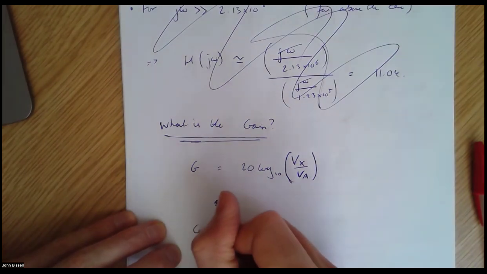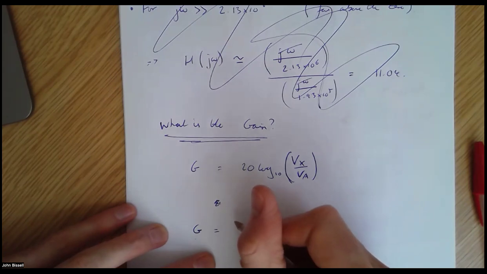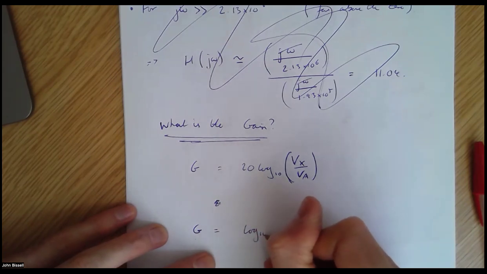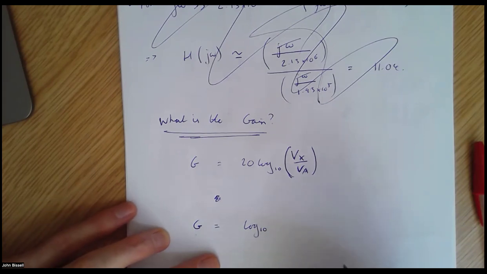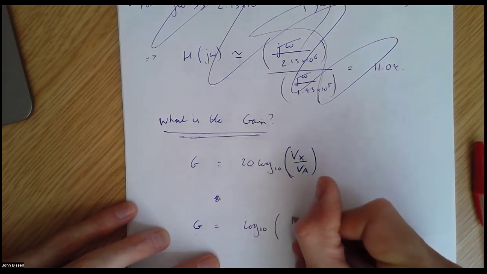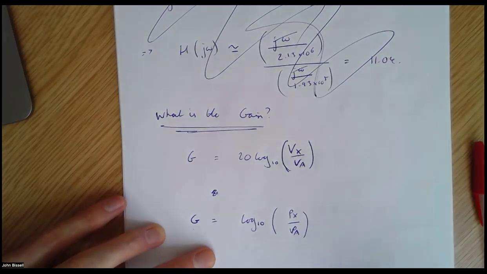That's right. So let's go through that argument then. Gamaliel, the gain in bels means taking the log to base 10 of the output power divided by the input power.